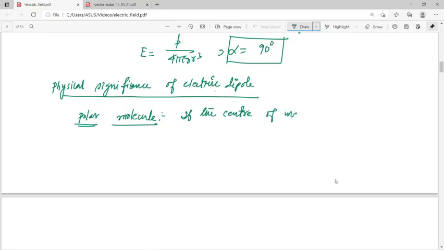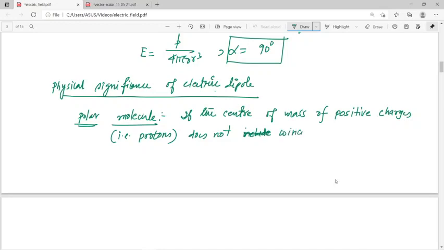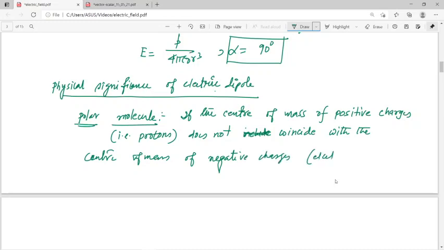Positive charges means protons, and negative charges means electrons.